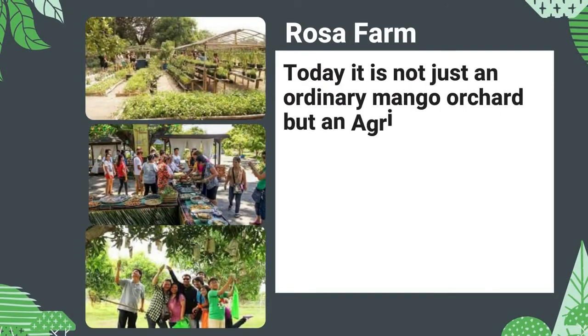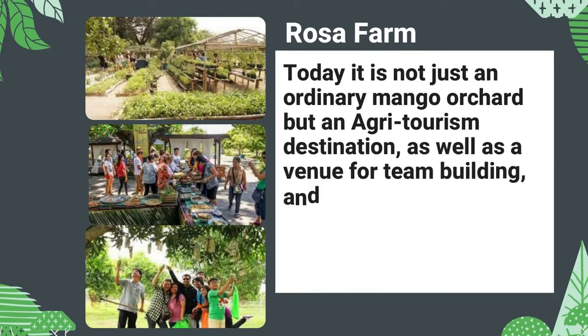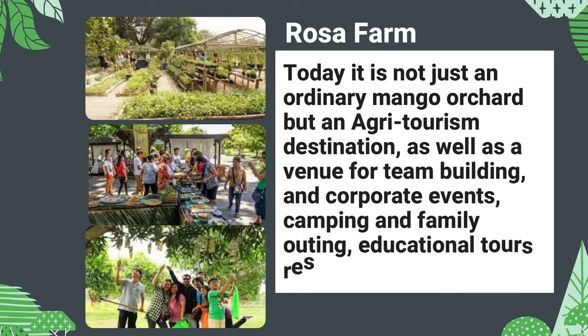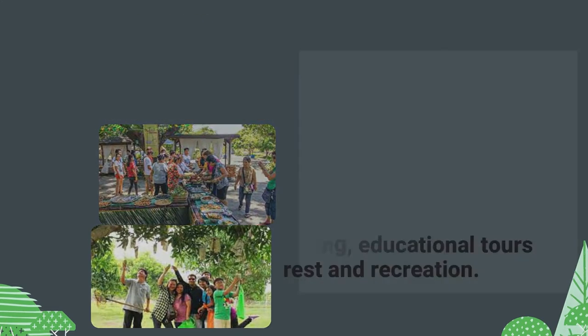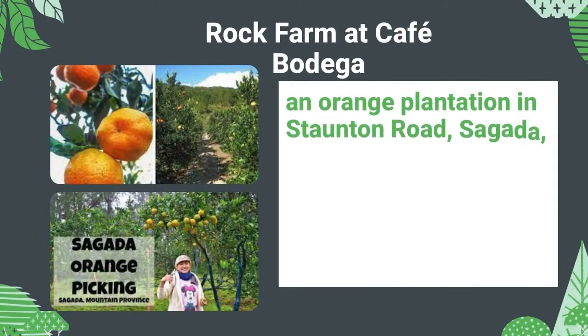Today, it is not just an ordinary mango orchard, but an agri-tourism destination as well as a venue for team building and corporate events, camping and family outings, educational tours, rest and recreation. So that's all about Rosa Farm.